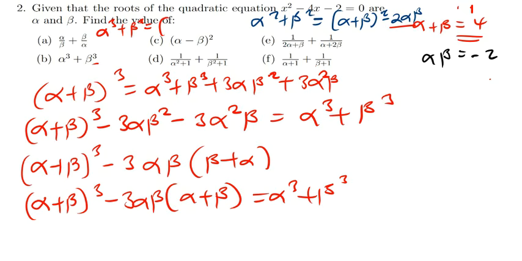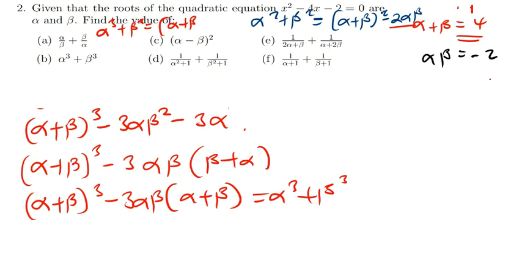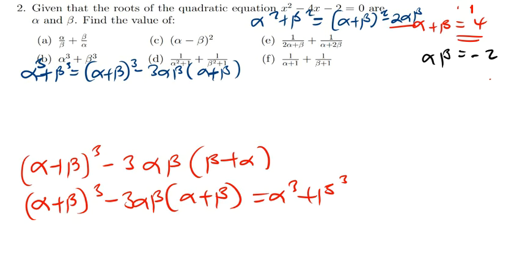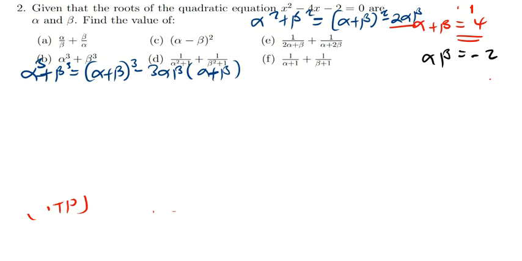You're not supposed to derive it, but you need to know this formula. It's the one I'm telling you about right now. Let me just put it down here because I don't have enough space. So alpha to the power 3 plus beta to the power 3 is equal to alpha plus beta raised to the power 3 minus 3 alpha beta open brackets alpha plus beta. So you always replace with that. So don't even stress yourself.